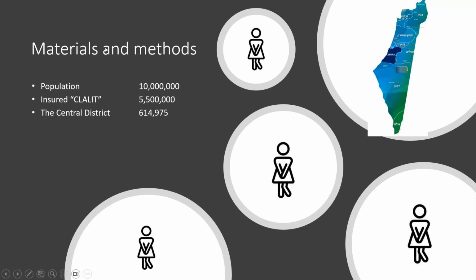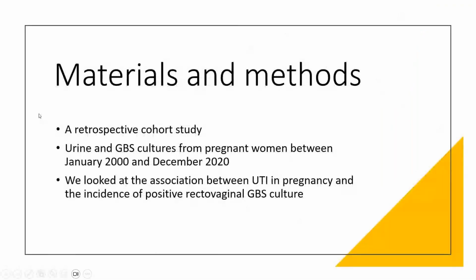And if we include the central district, where the population in this study was from, this includes 614,000 people. And this is the group of women eligible. So we did a retrospective cohort study. We included all urine and GBS cultures from pregnant women between the years 2000 and 2020. We looked at the association between positive UTI in pregnancy and positive GBS cultures during pregnancy.